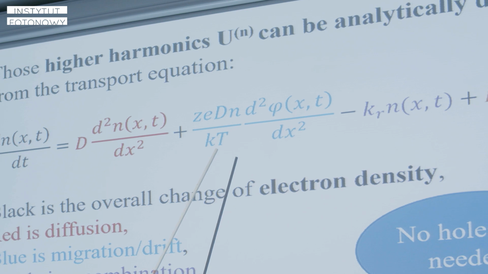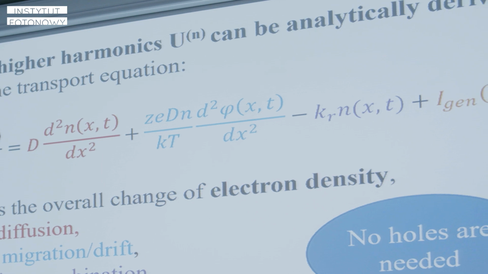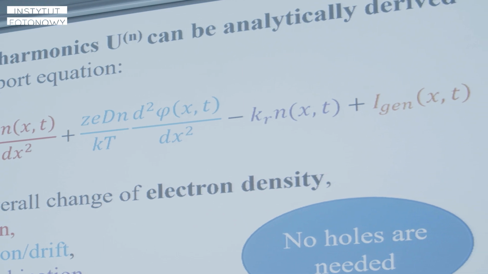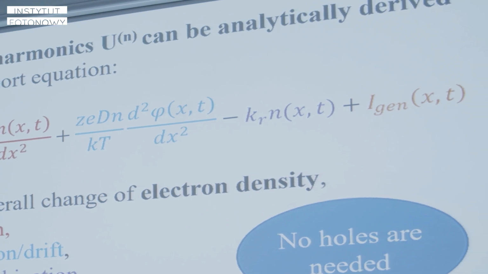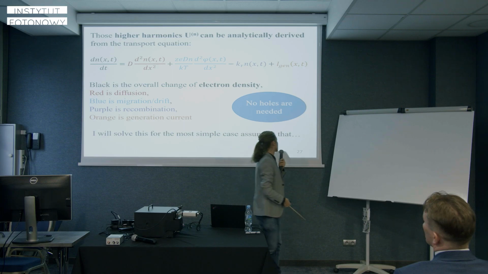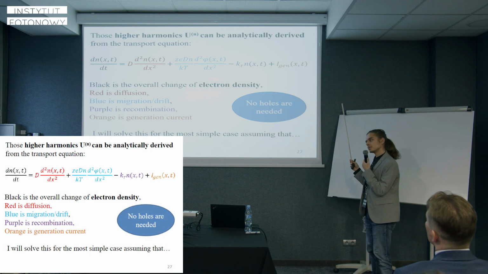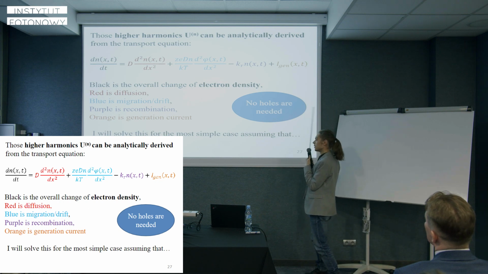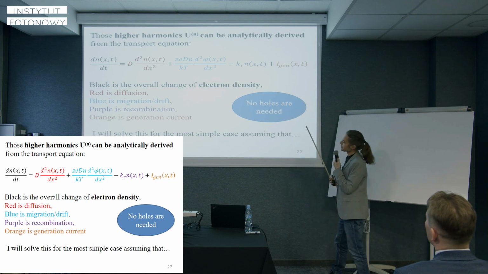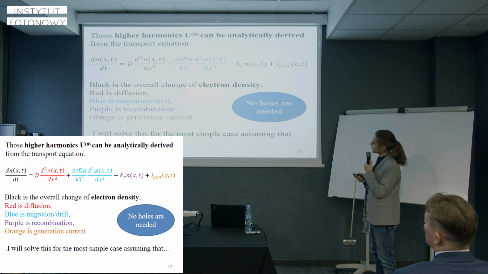Here is the migration: phi is the electrostatic potential, and the second derivative, like the Laplacian of this, gives a drive, a migrational component to the transport. And I have a recombination, and I have a generation. So the simple model is kind of complete, and this is an equation for electron density, not for hole density, because introduction of holes is not necessary to capture the experimental result. That's the message: no holes are needed.